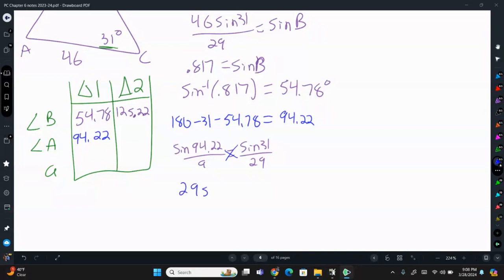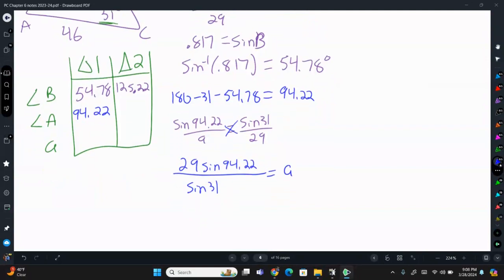So we have 29 times the sine of 94.22 divided by the sine of 31 degrees, and that's going to give us side A. So I'm going to do that off screen. 29 times sine of 94.22, close parentheses, divided by sine of 31. And that gives us 56.15.